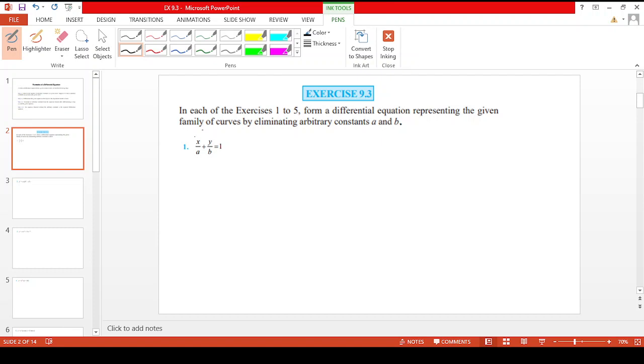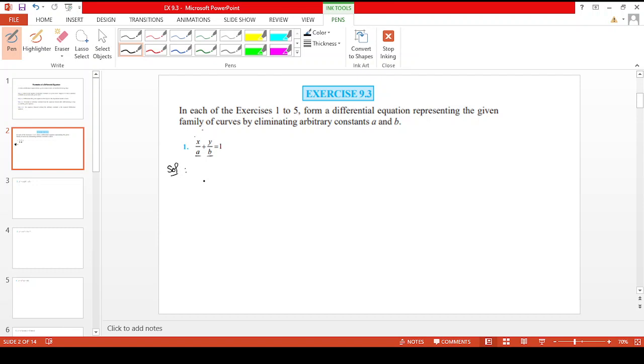So here a curve is given, and for this particular curve we have to find the differential equation. What is the first step? We need to find out how many arbitrary constants are there. a and b are two arbitrary constants, right?